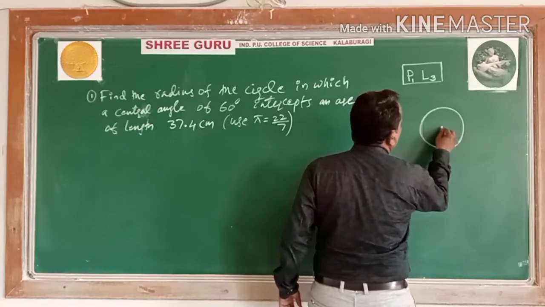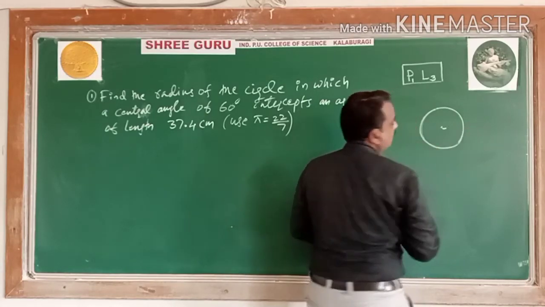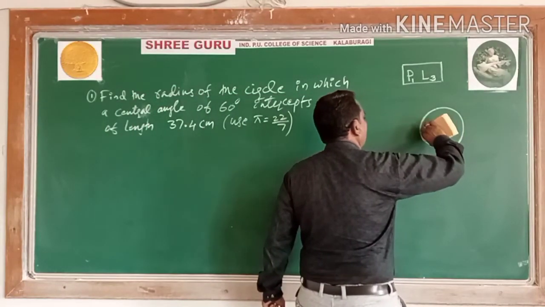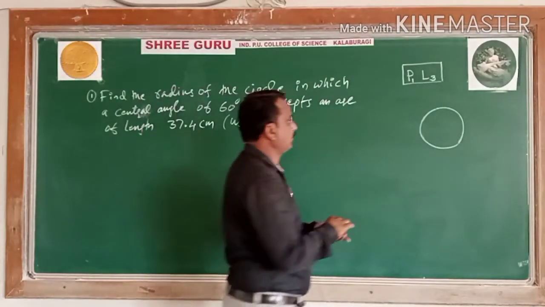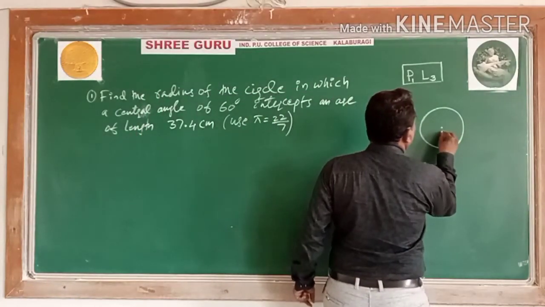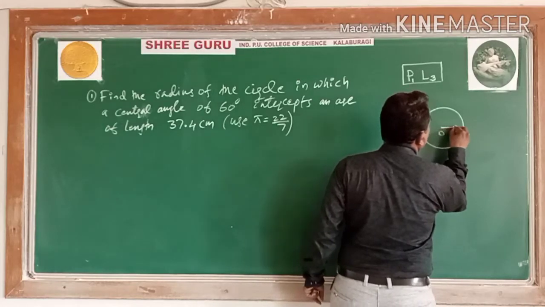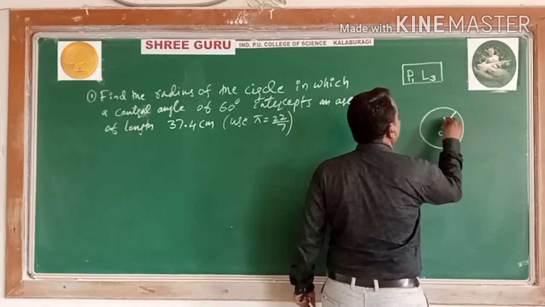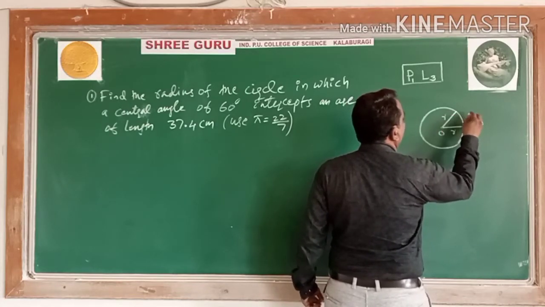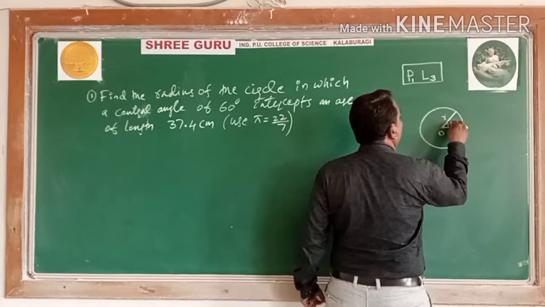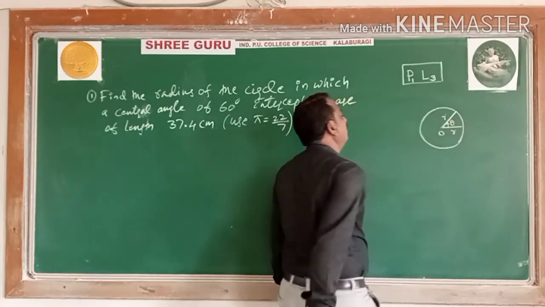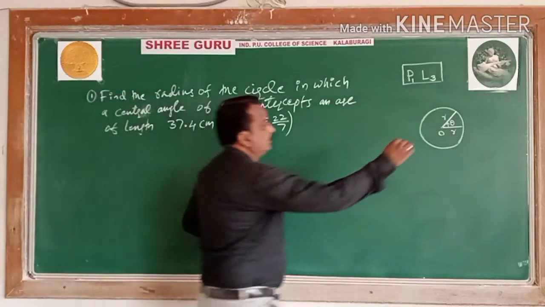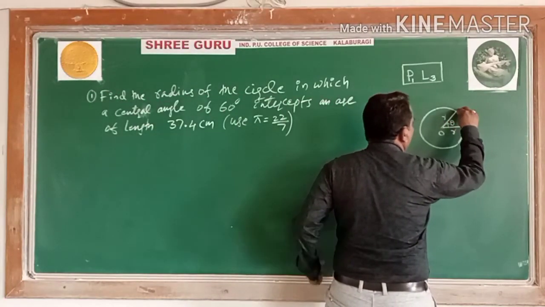A radian is a measure of an angle subtended at the center of a circle by an arc of length equal to the radius of the circle.